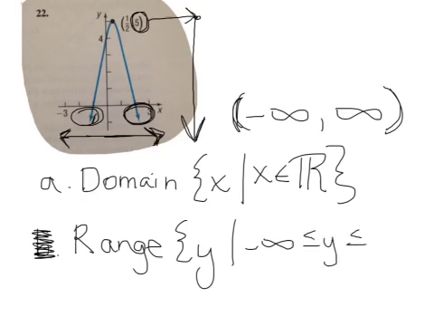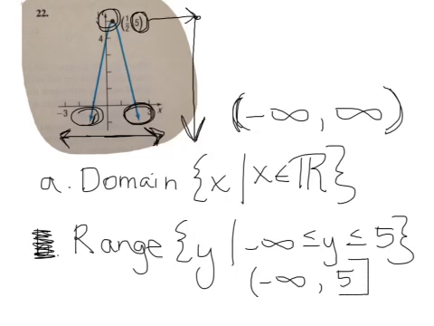And then we're going to 5, and that shaded in circle says that 5 is a solution. Interval notation, this is my lower bound, so I'm just going to use a parenthesis, comma, my upper bound, and 5 is contained, or it includes 5, so that's a bracket.